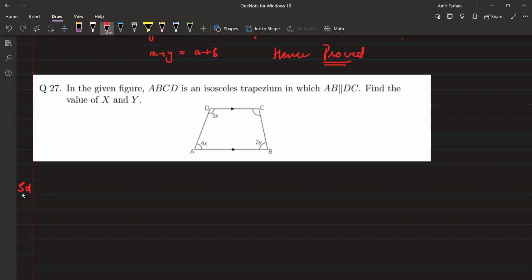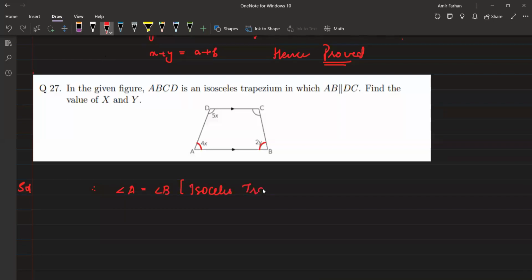Everybody, look at the screen. This question is saying that ABCD is an isosceles trapezium. Isosceles basically means that the angles at the base will be equal to each other. So in this, angle A will be equal to angle B. This is the property of an isosceles trapezium.